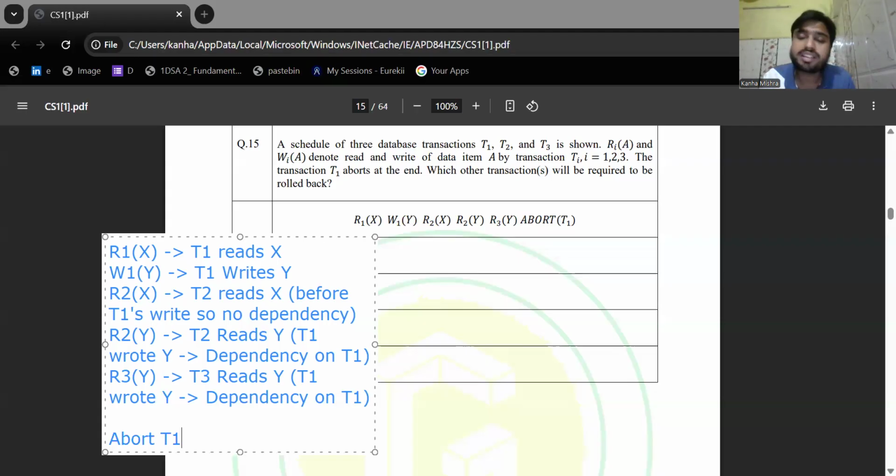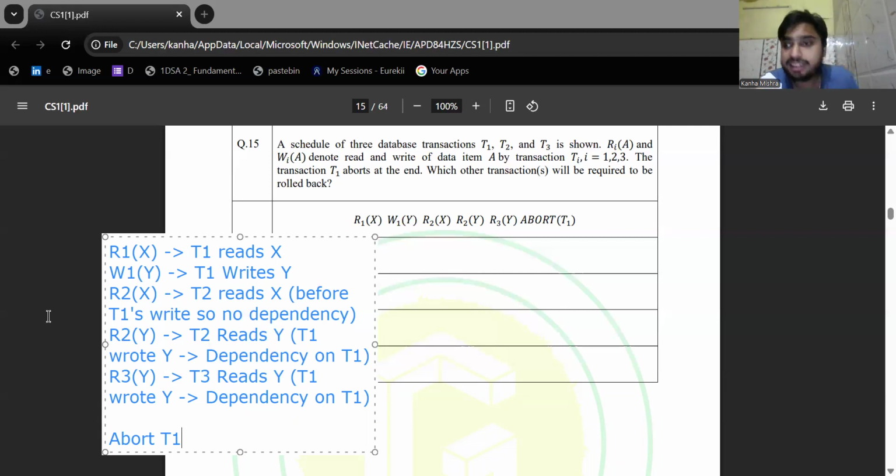What does cascading rollback say? If data is not committed, then other dependent transactions will also not commit until the previous one is done. So when I abort T1, technically T2 and T3 should also roll back.